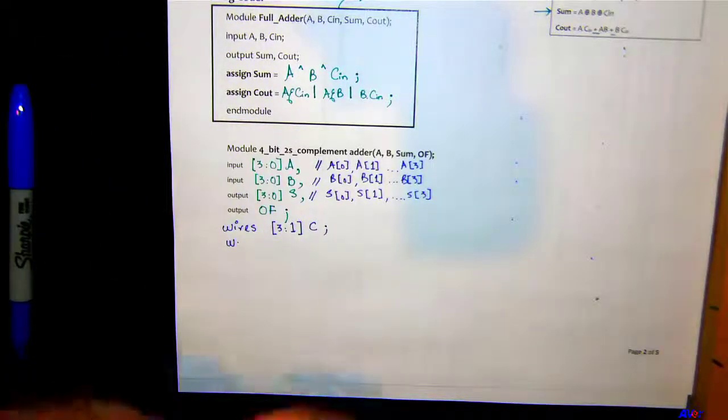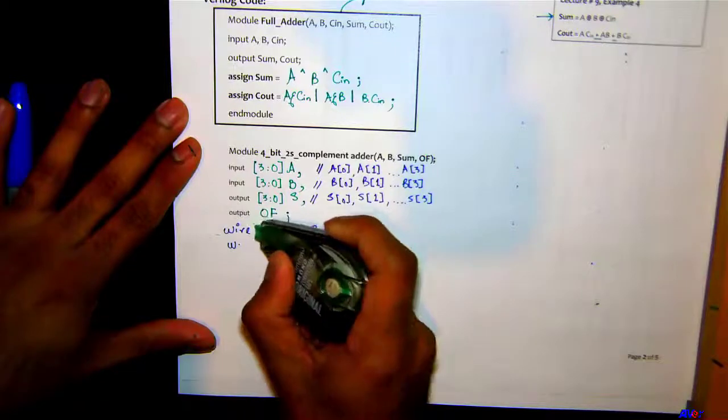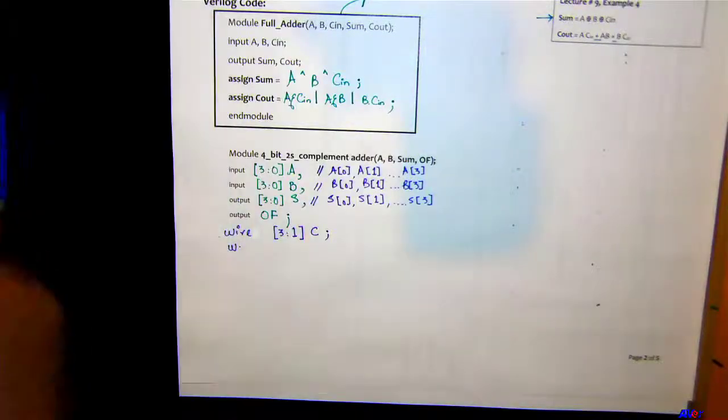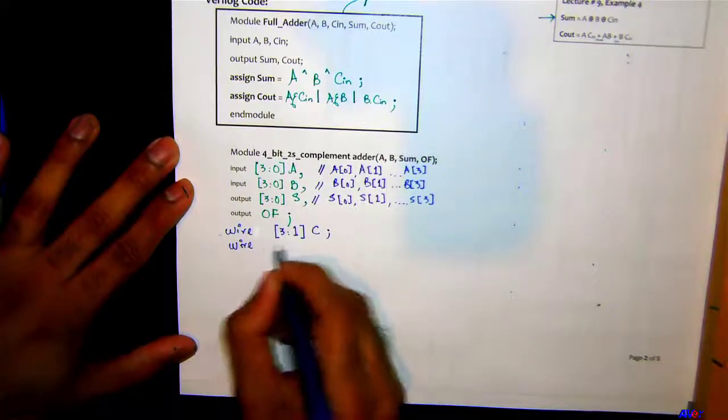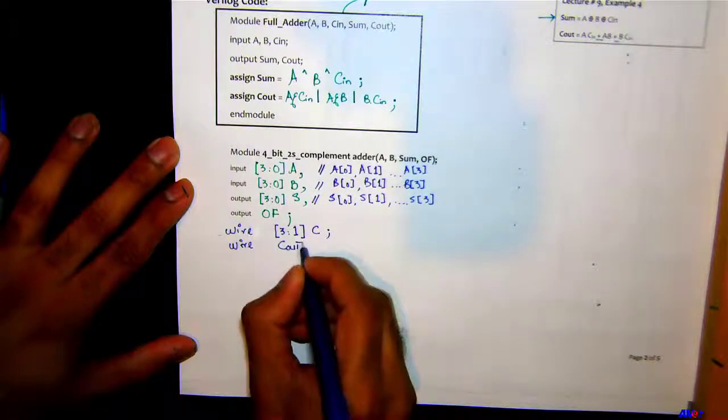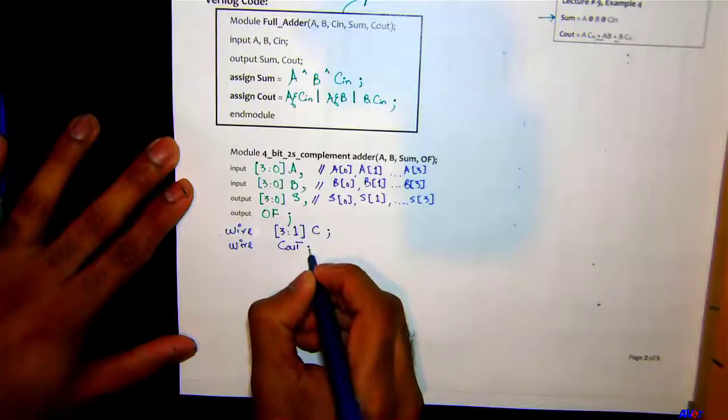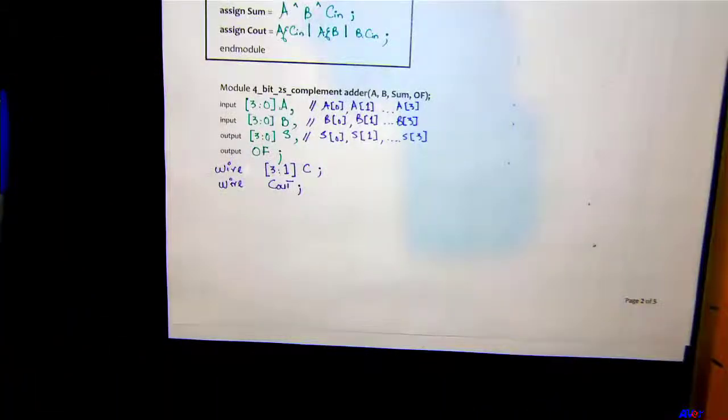It's only wire, not wires. Okay. And then one wire for the C out. Okay, all right. Now it's about time for us to instantiate all the models.